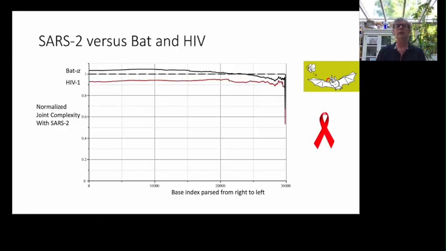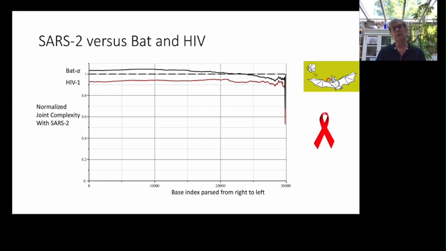Now, this is the same picture, but instead of looking at the accumulated, we just normalize with what would be the average with a random sequence. And I add on this plot the joint complexity with the HIV genome.